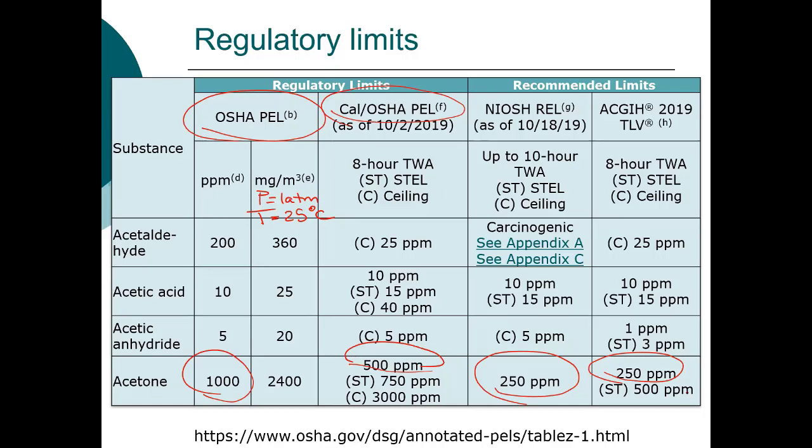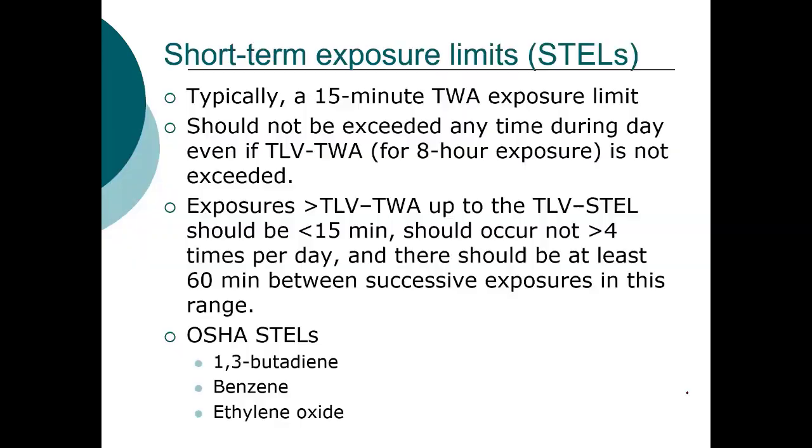Now, there's other limits in here. There's STELs and ceilings. We'll talk about those kind of in the next few slides. So what is referred to as STEL, these are short-term exposure limits, typically for a 15-minute exposure. It's mandated under federal law that these cannot be exceeded anytime during the day, even if the time-weighted average, or the PEL, for the 8-hour exposure is not exceeded.